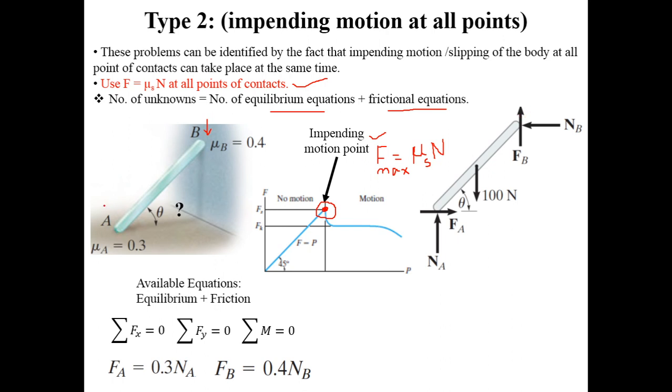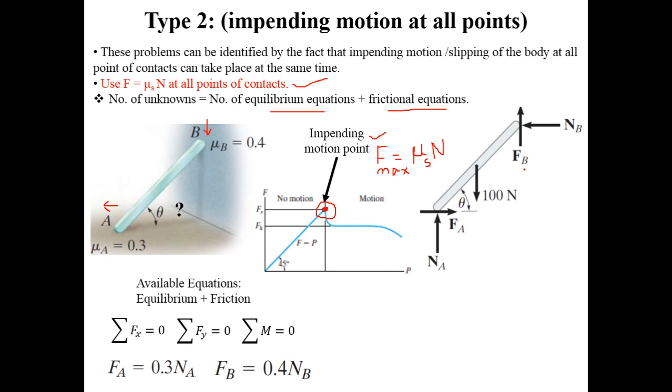Similarly, this point A is going to slip backwards, and therefore the friction force is in the positive x direction shown here, the opposite direction of this motion. This is very important to understand, because you are using F equals mu s N in your solution, and therefore you have to show the correct direction of your friction forces.